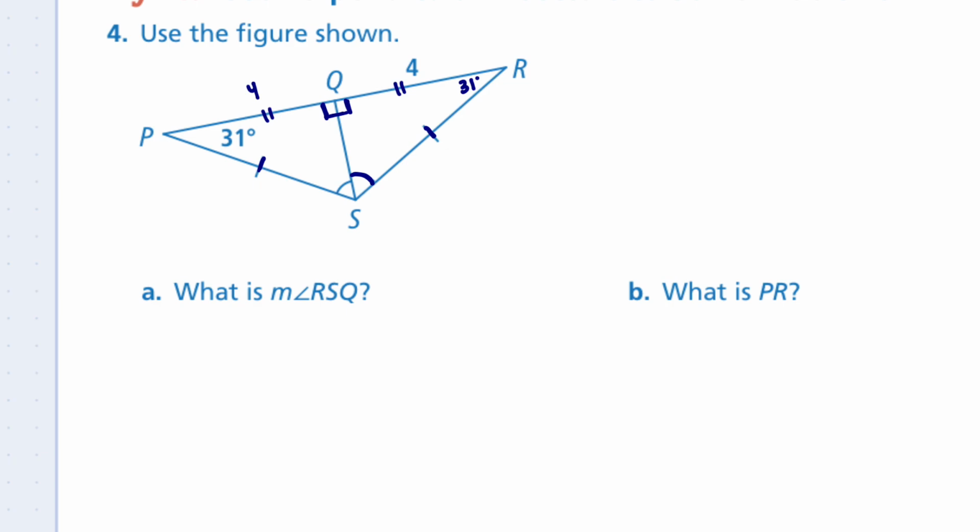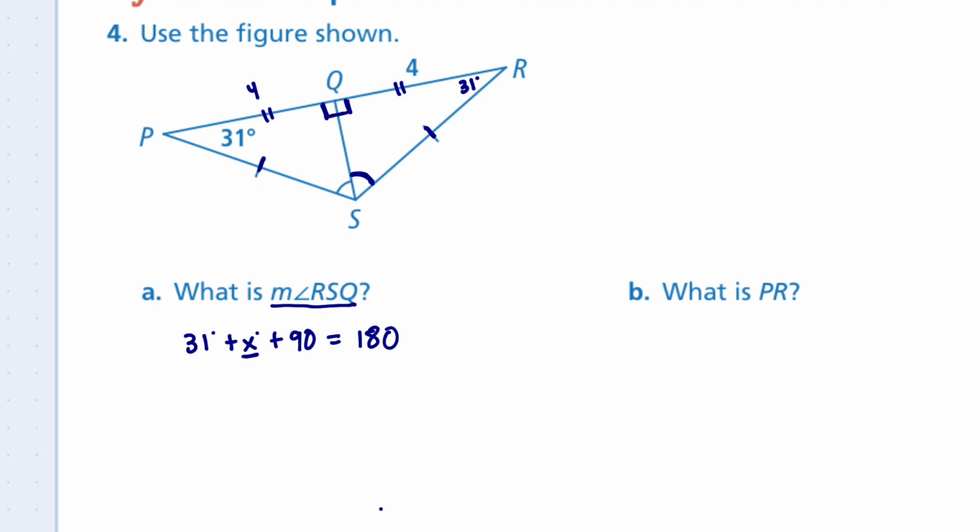So knowing that this is 90, if I just need to find this angle measurement, I know that the angles inside of a triangle add up to 180. So it would be 31 degrees plus the angle that I don't know, plus 90 is going to give me 180. To solve for the measurement of angle RSQ, I'm using x in place of that.